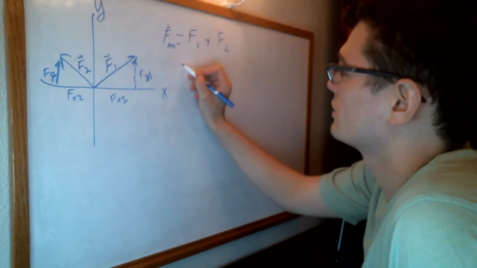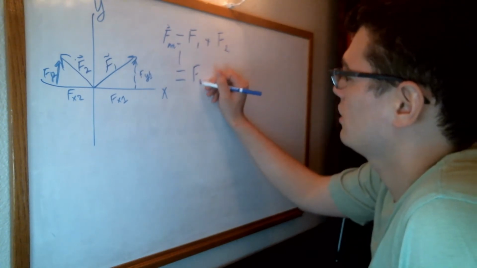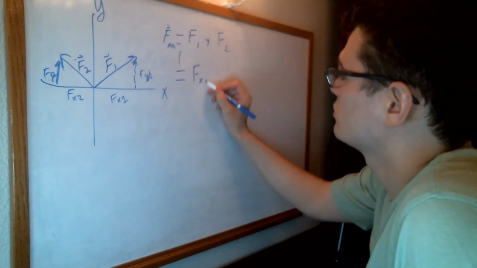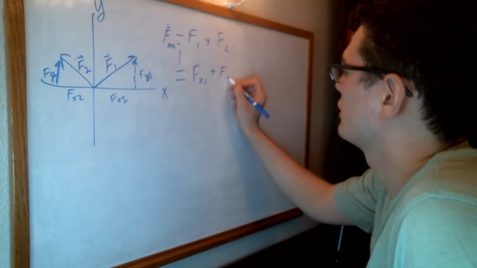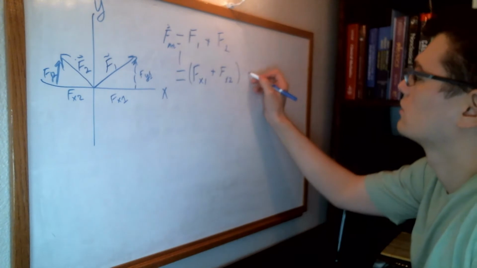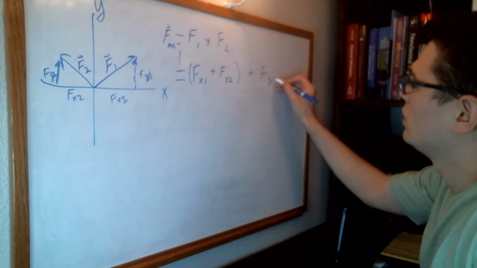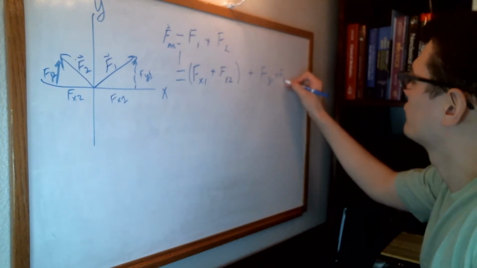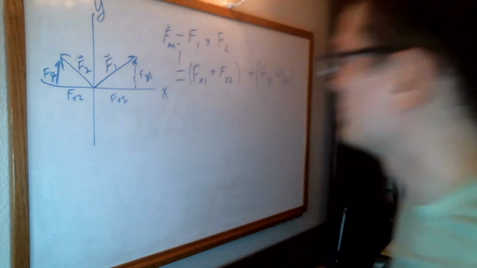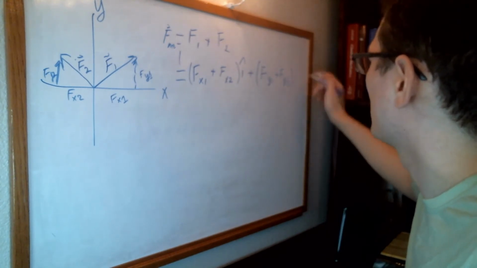So then we'll say that this is equal to, let's do Fx first, Fx1 plus Fx2 plus Fy1 plus Fy2. And so once we add these up, we can also denote the direction here. So this will be i hat and j hat.